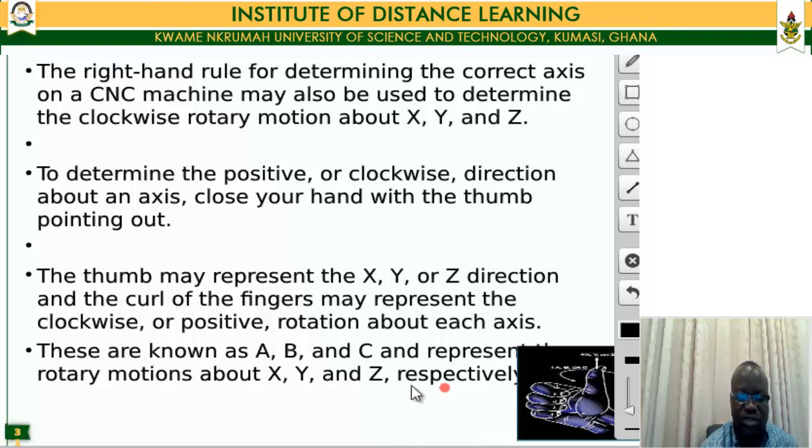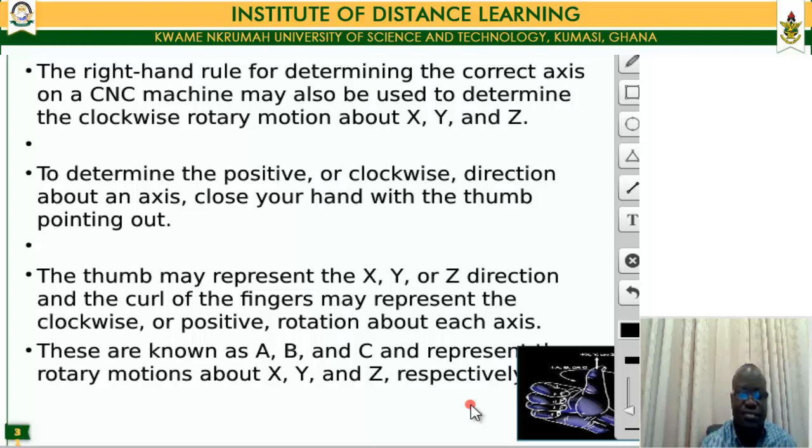Now, if you take a typical spindle, maybe a drill or a mill, and I point my thumb up, showing the direction of the axis, and I curl my hand, I get the clockwise rotation of the spindle this way.